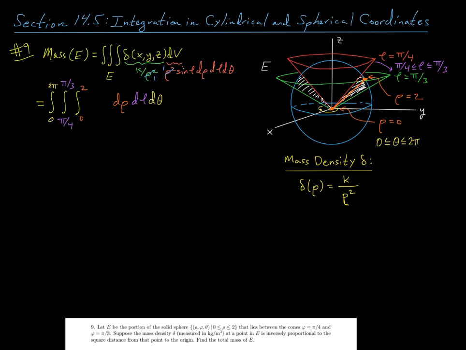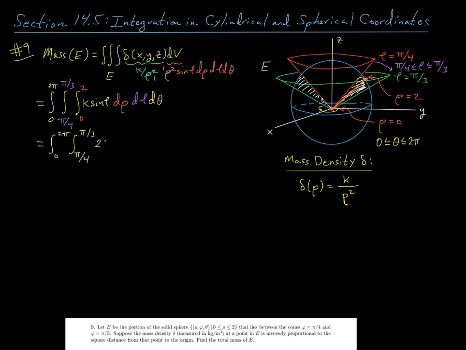So in fact, we're just looking at integrating k sine phi. Cool. So let's go ahead now and compute. For the rho integral, k sine phi is independent of rho, so we're just going to get rho evaluated from 0 to 2. So in other words, we're just going to get 2 times k times sine phi.